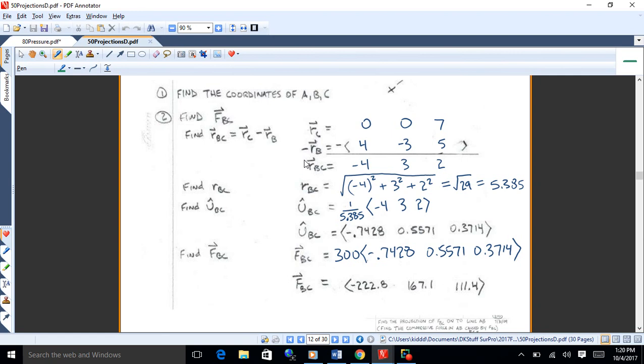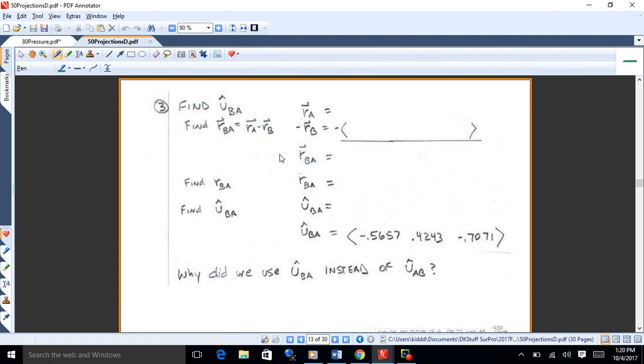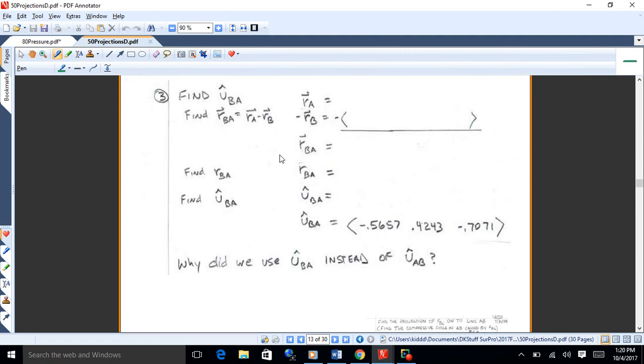So the next thing to do is to get a unit vector from B to A. Now that isn't a force vector, it's just a unit direction vector. So if you're good on that force vector, find the unit direction vector from B to A, okay? Very similar process. You just don't take it as far.